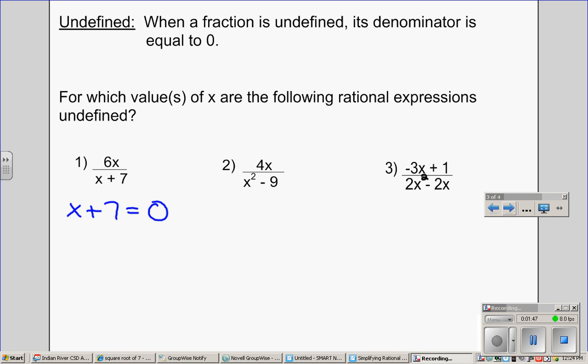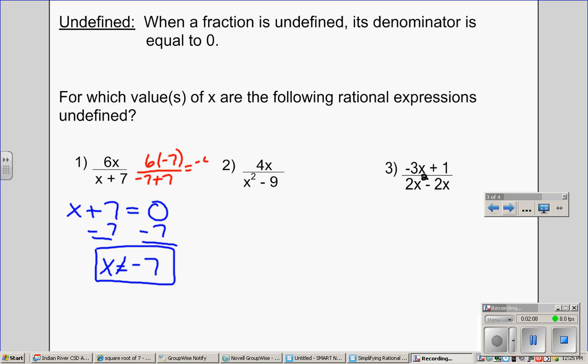One-step equation. And we would write it as x cannot equal -7. Because if x did equal -7, if we plug it in, then our denominator is 0. That's what undefined means.